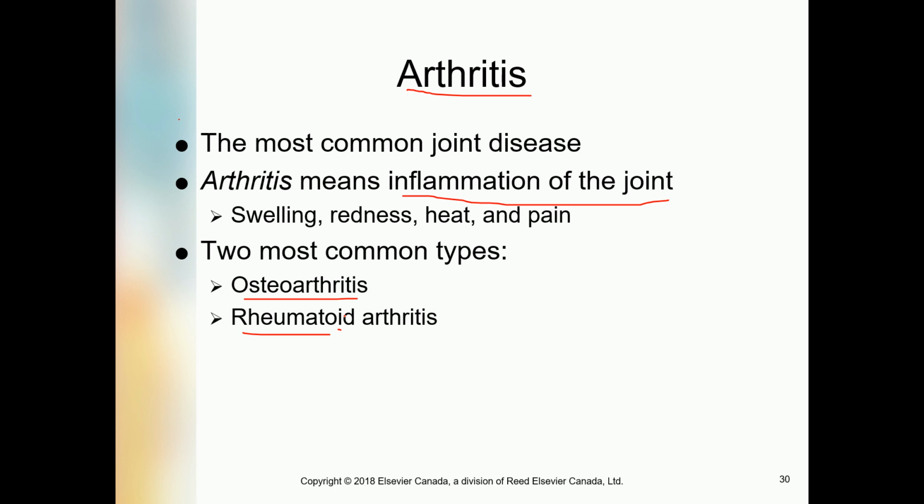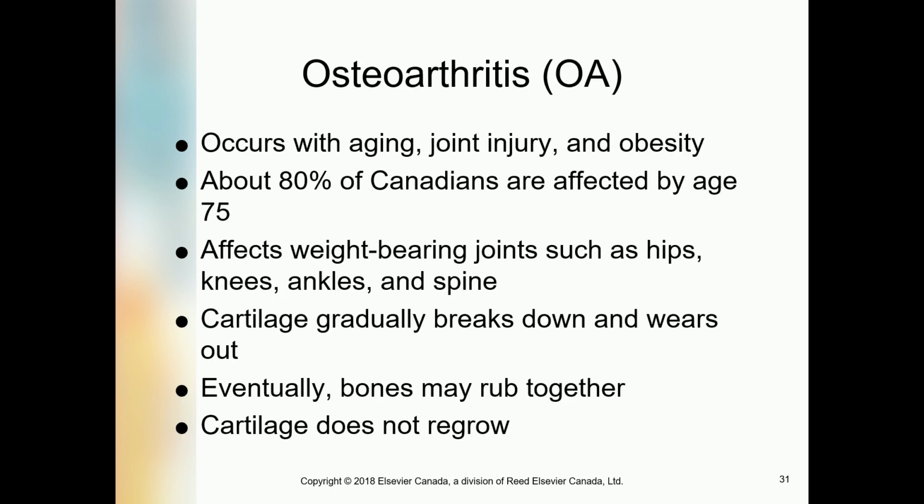Two types of arthritis. It's a joint disease. Osteoarthritis, the short form is OA. It occurs with aging, joint injury, and obesity. We already talked about obesity and joint injury. About 80% of Canadians will have arthritis by the age of 75.